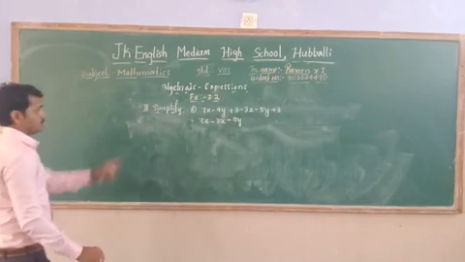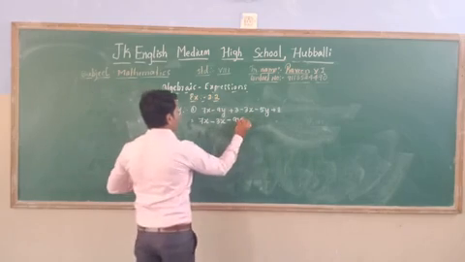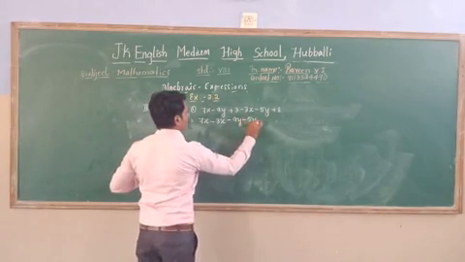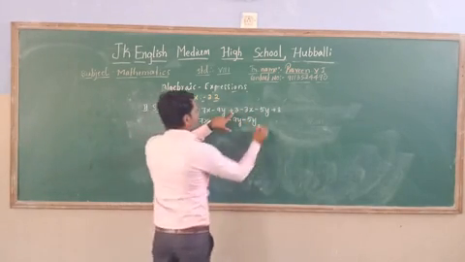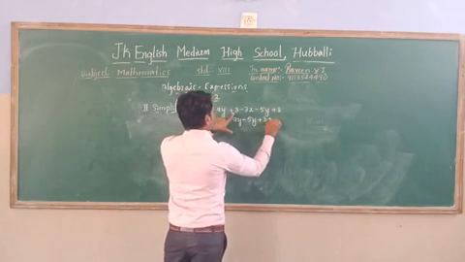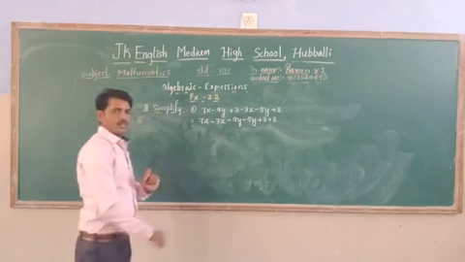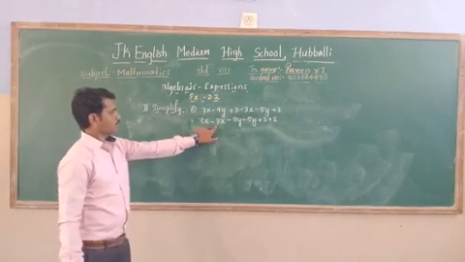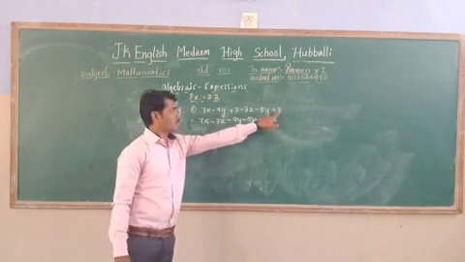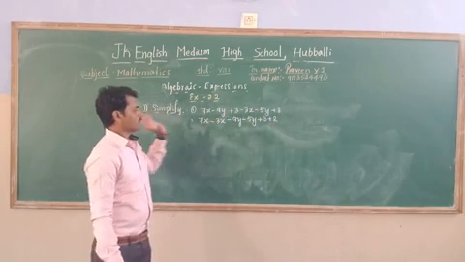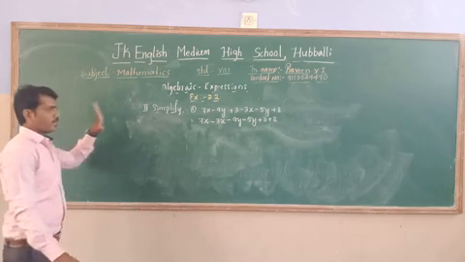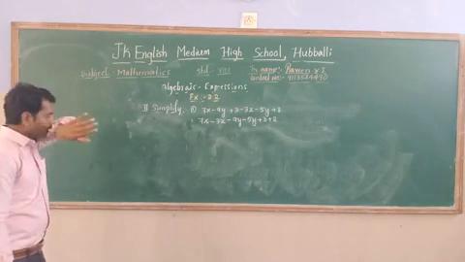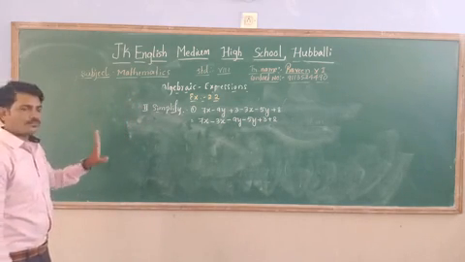After that, minus 5y. Next, plus 3, then plus 8. Now count the terms: 1, 2, 3, 4, 5, 6. Both have 6 terms, so they are correct, but we have separated them according to the like sets.